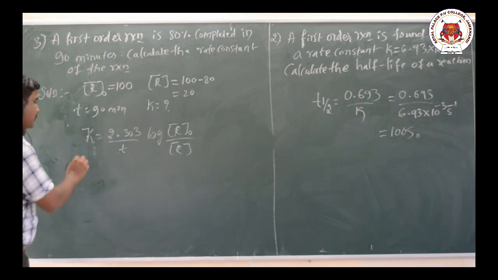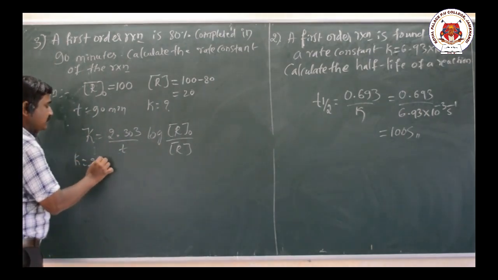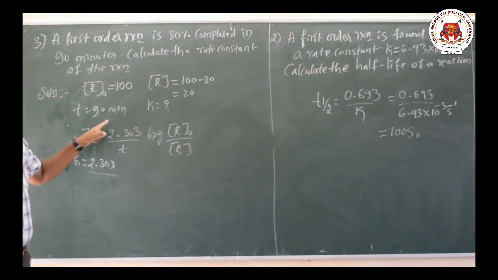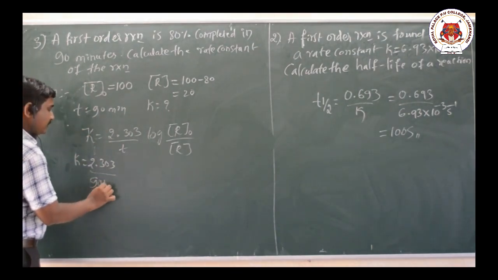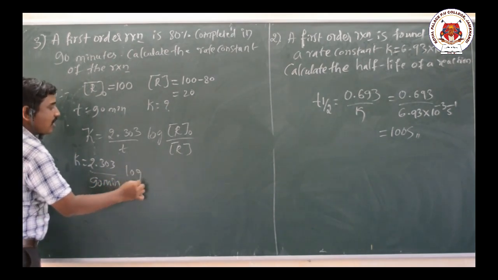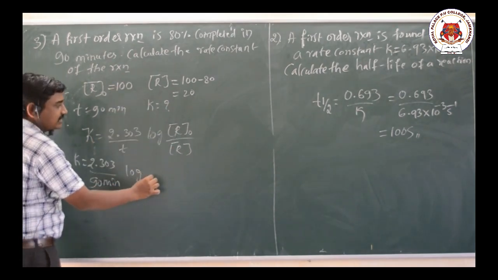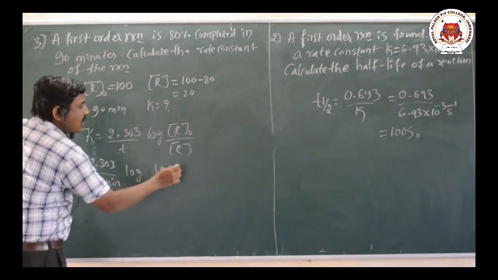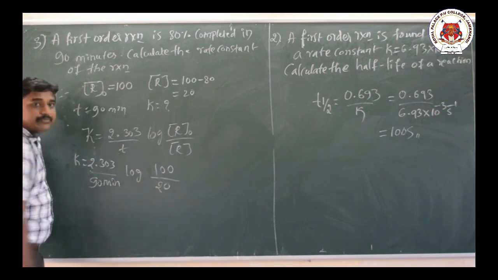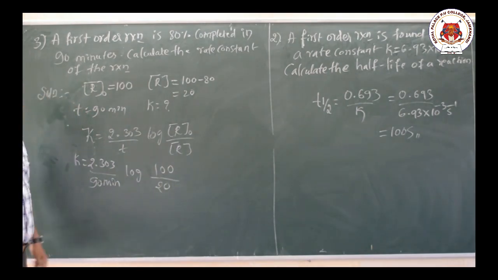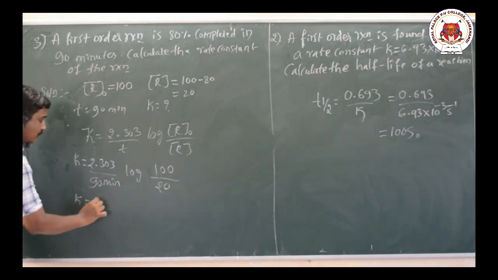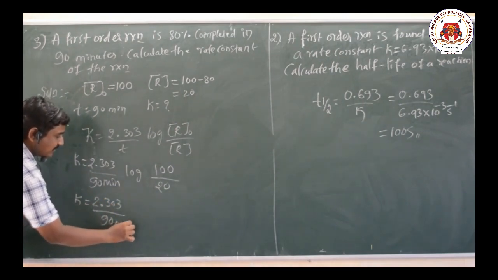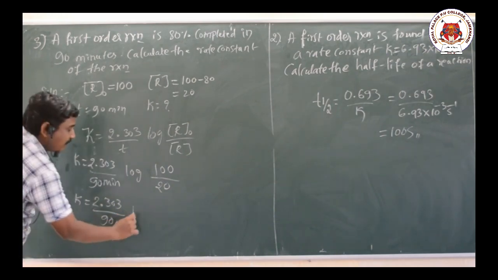Putting in the values: 2.303, T is 90 minutes, log of initial concentration 100 by concentration R, which is 20. Then K equals 2.303 divided by 90 minutes, log 5.